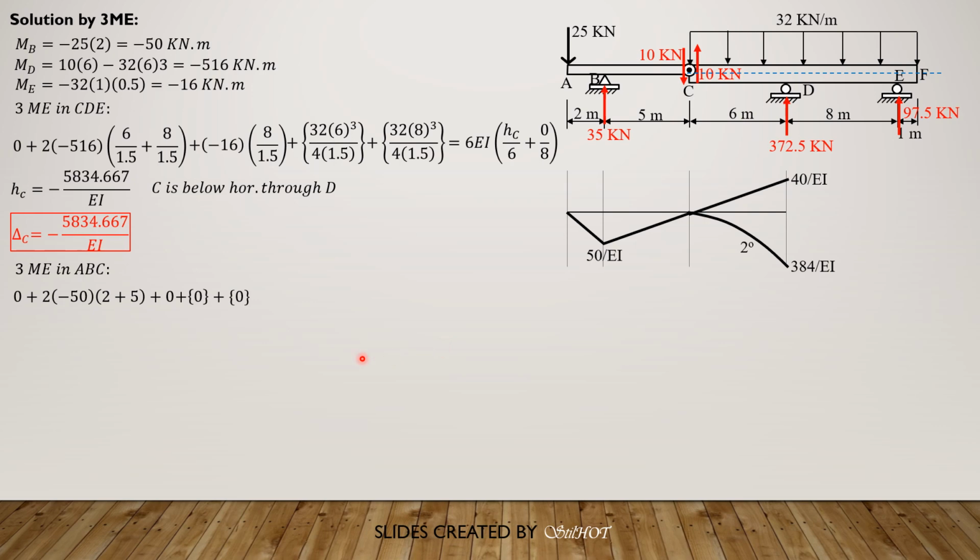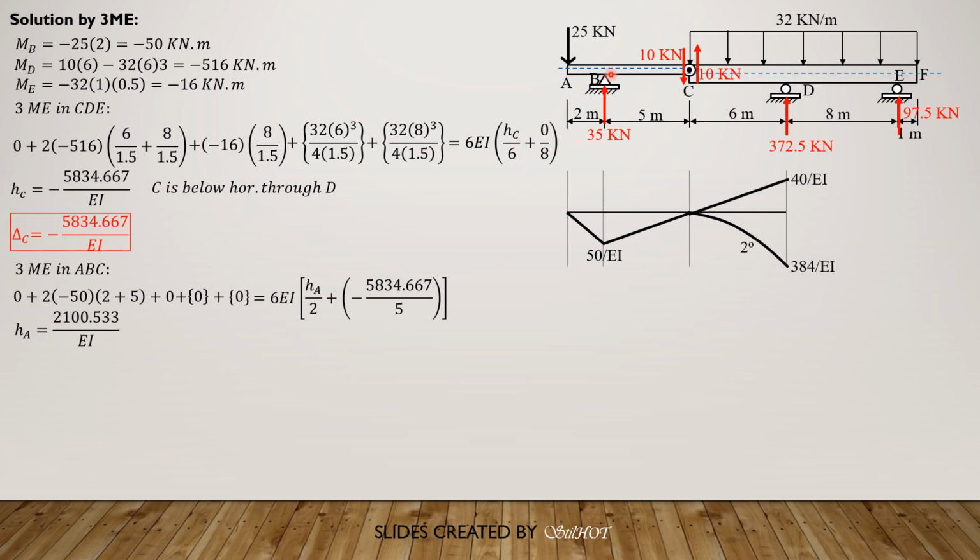So 0 plus 0 equals 6EI times the quantity HA over 2 plus HC, which is negative 5834.67 over 5. In this equation, only HA is the unknown. Solving for HA is equal to 2100.533 over EI.